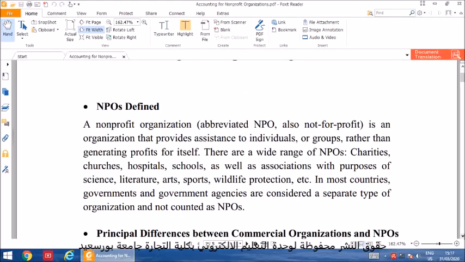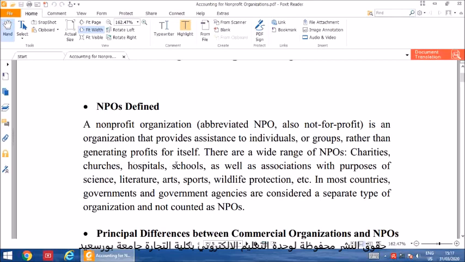A non-profit organization is an organization that provides assistance to individuals or groups rather than generating profits for itself.